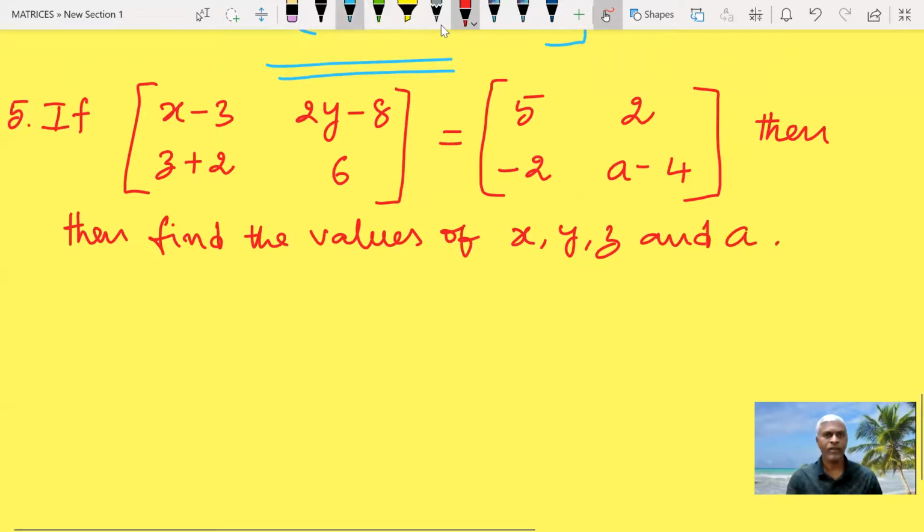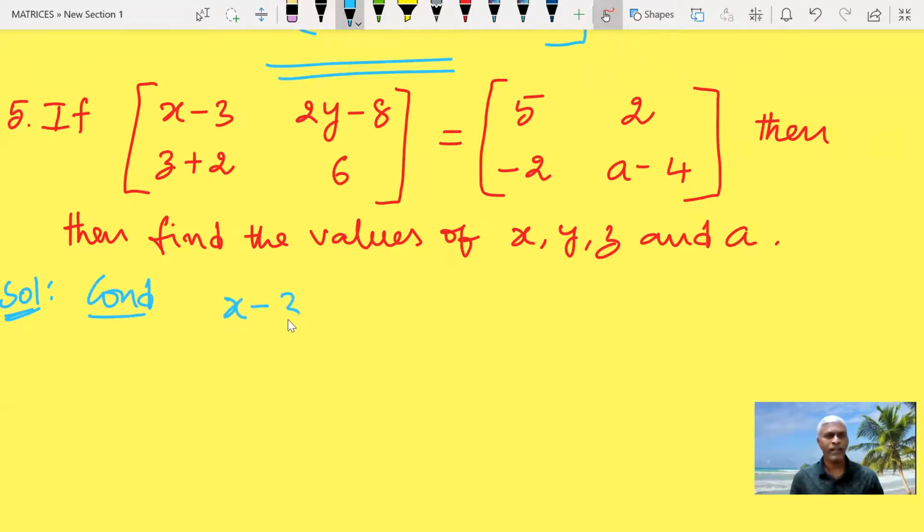So we have to find the values of x, y, z and a. Two matrices are equal. So now let us take the condition.